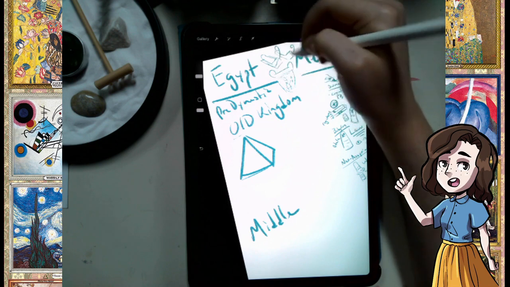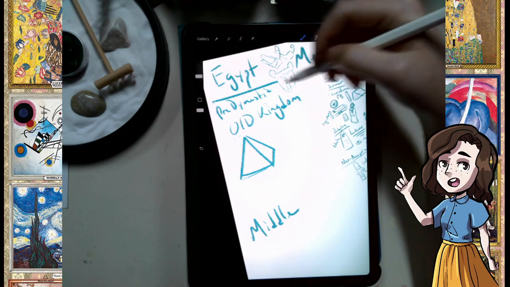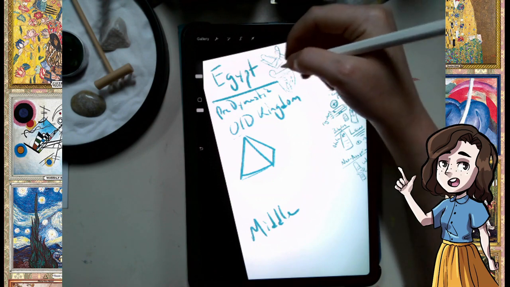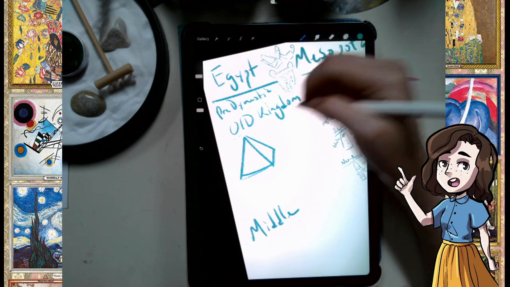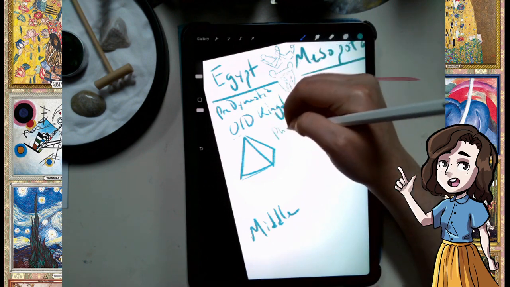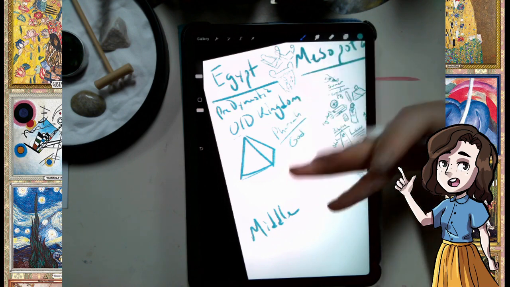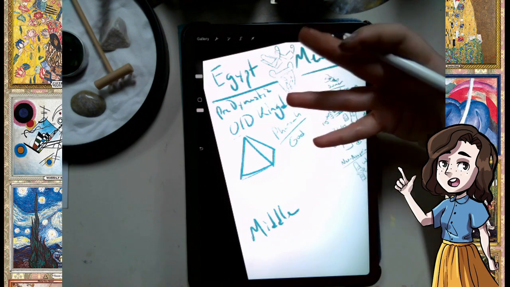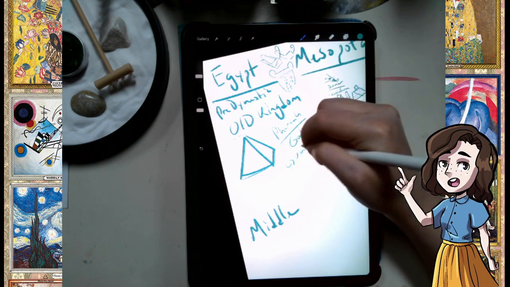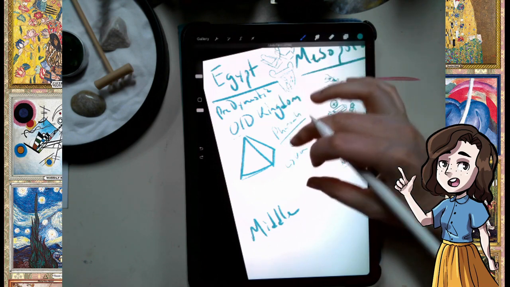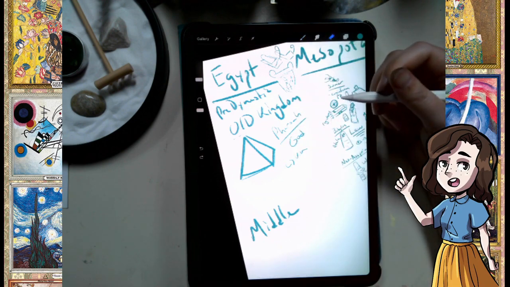So this was worn by pre-dynastic and Old Kingdom pharaohs. The idea of the pharaoh here, instead of like the kings in Mesopotamia, the pharaoh is a god. They are the human body of the god, and every person has this idea of Ka, like a soul that's connected to your body through your heart.